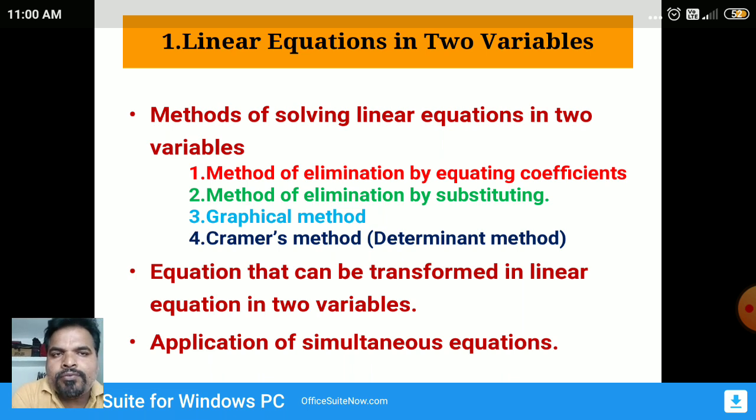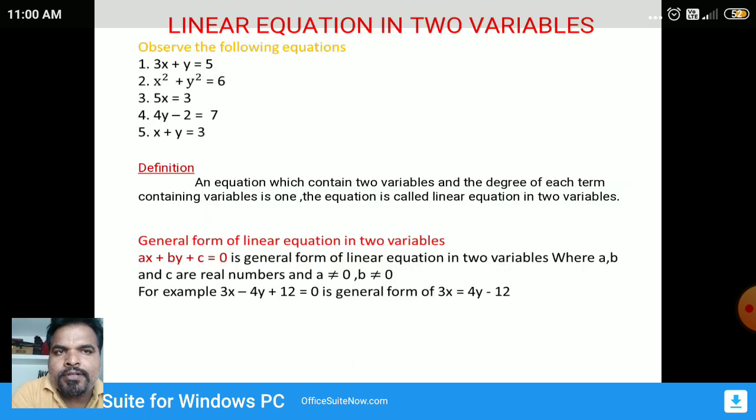Now first we learn the definition of linear equation in two variables. Now observe the following equations. First is 3x plus y is equal to 5. Second is x square plus y square is equal to 6.